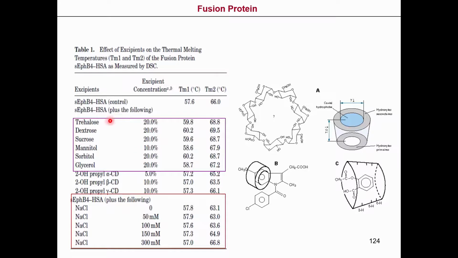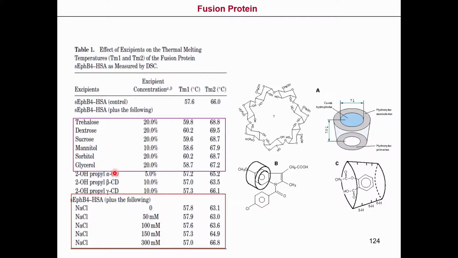In the presence of sugars, different carbohydrates, we obtain a stabilization of the albumin because the TM increased, and also a stabilization of SEPHB4 because the TM1 is higher than in the control.